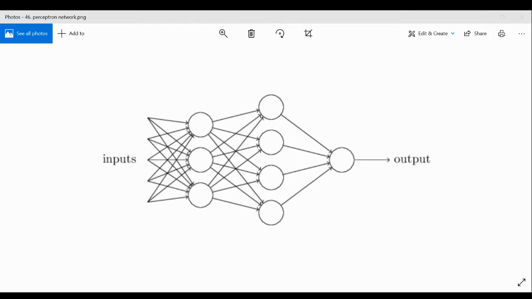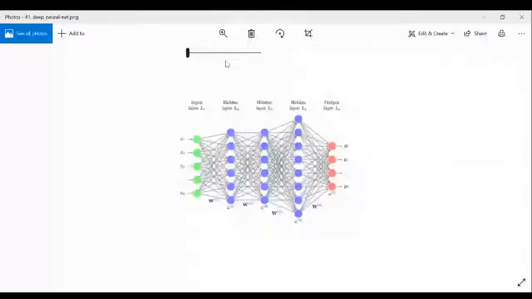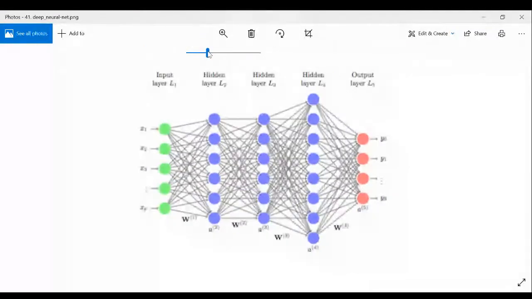Okay, so a richer picture would be the other one we looked at earlier. So this picture of it, the picture we saw already of a deep neural network. Let me bring it back up. That's also a feed-forward deep neural network, aka a multi-layer perceptron.